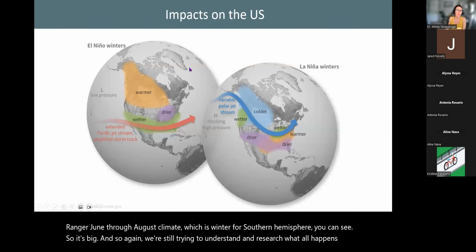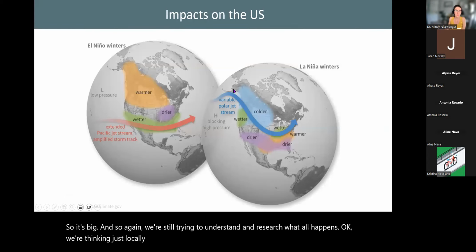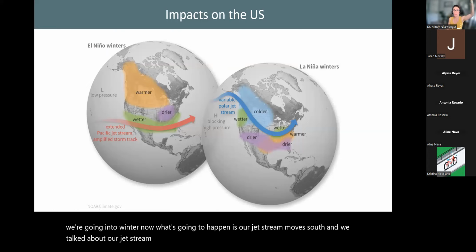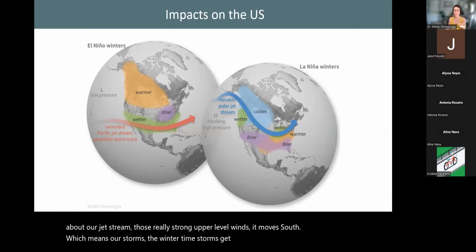Okay. Thinking just locally on the US, here are the generalized changes. So with El Nino, when we're going into winter now, what's going to happen is our jet stream moves south. Okay, and we talked about our jet stream, those really strong upper level winds, it moves south, which means the wintertime storms get pulled south and impact more southern states.